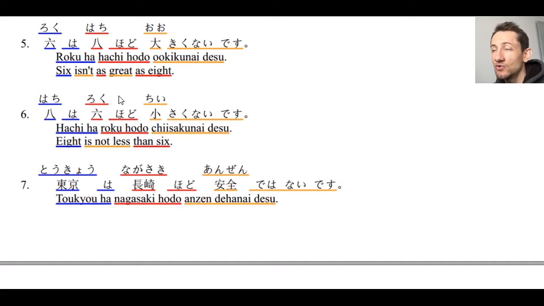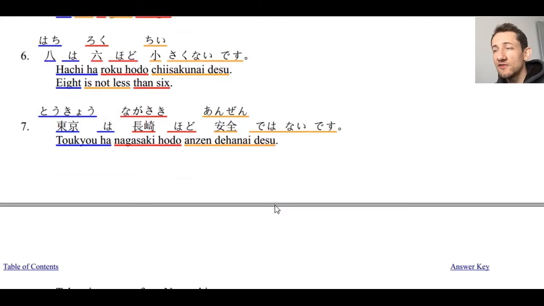So 8は6ほど小さくないです。I'm confused myself. 東京は長崎ほど安全ではないです。So Tokyo is not as safe as Nagasaki. If you wanted to use より, you could simply say 長崎は東京より安全です。Exact same thing. Nagasaki is safer than Tokyo.